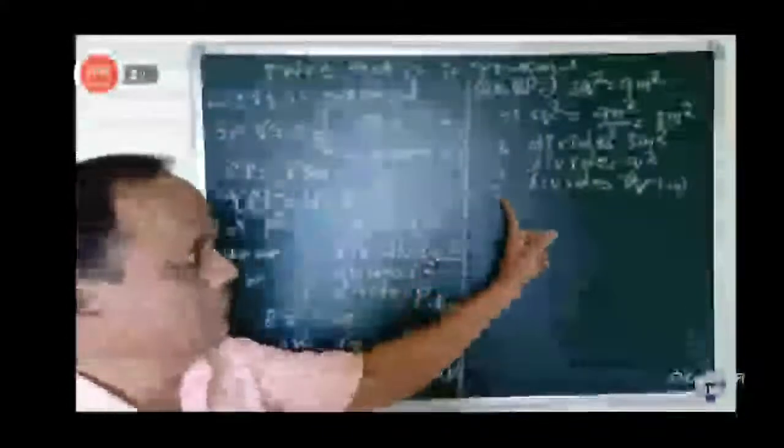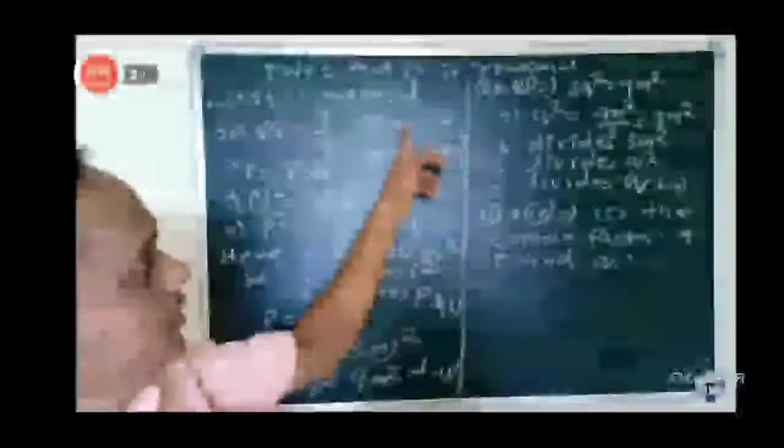So 3 divides 3m square, so 3 divides q square, then 3 divides q. According to second and IV, 3 divides p and 3 divides q.